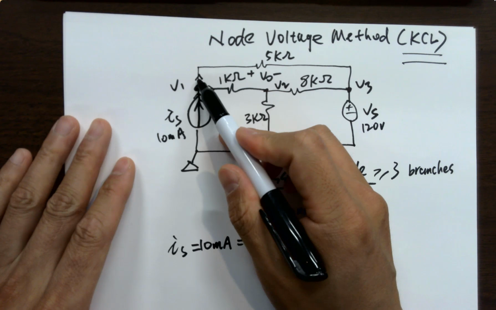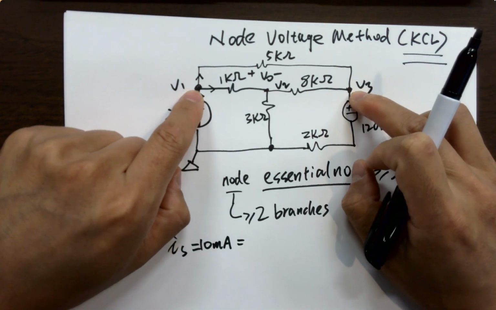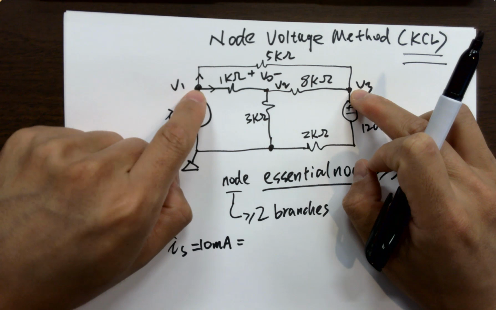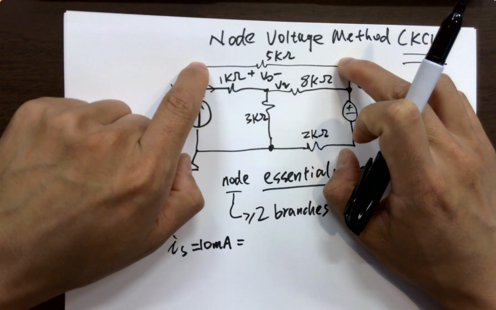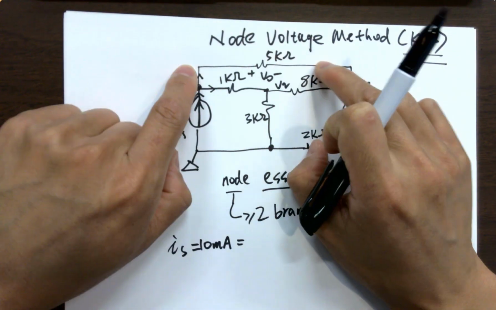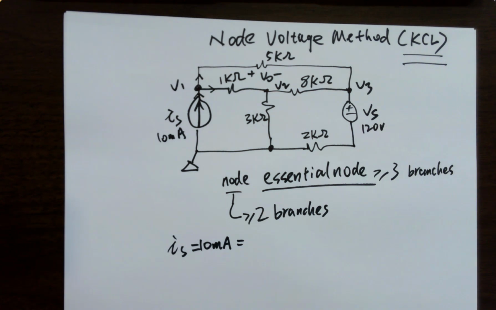Because the voltages of the nodes are given, you can use this voltage minus this voltage to get the voltage difference across the resistors, and divided by the resistance, you get a current. That's everything about node voltage method.